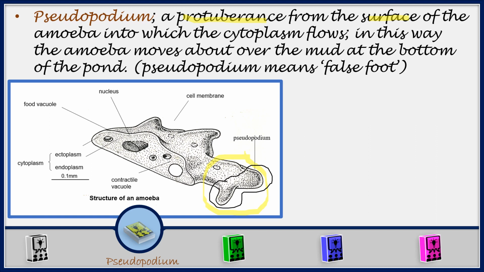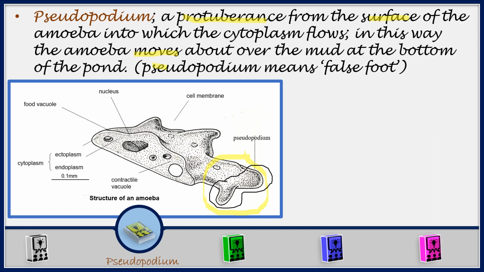And when the cytoplasm flows in that direction, the amoeba will start moving about in the mud at the bottom.